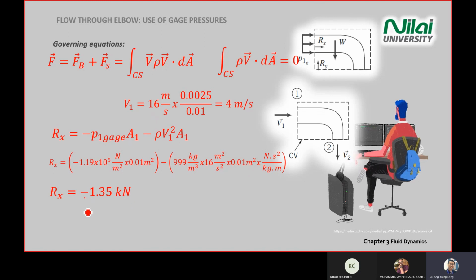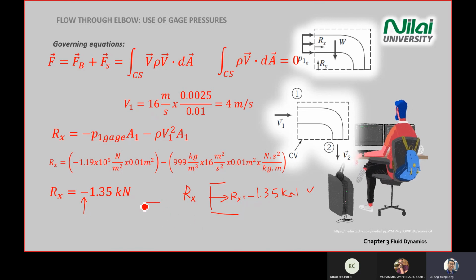In this case, you should know that when you get a negative in your analysis, it means that what you assumed in the free body diagram is wrong. If you draw the free body diagram with Rx in this way, Rx equal to negative 1.35 kilonewton is correct.